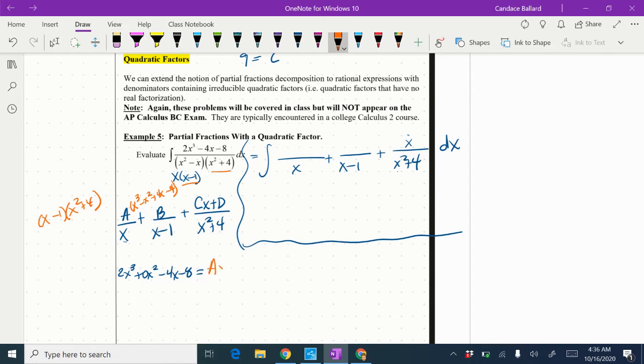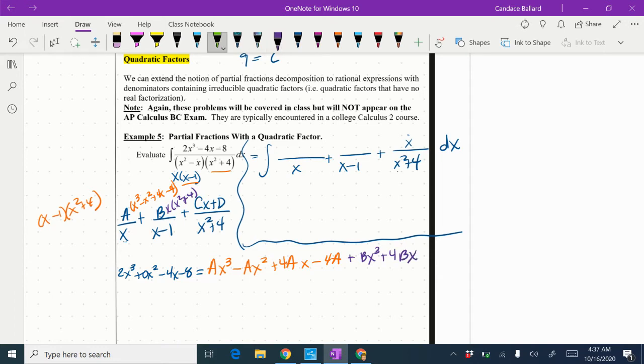So I have Ax cubed minus Ax squared plus 4Ax minus 4A. Then I'm going to multiply this one here by x times x squared plus 4. So I'm distributing that Bx. So plus Bx cubed plus 4Bx.